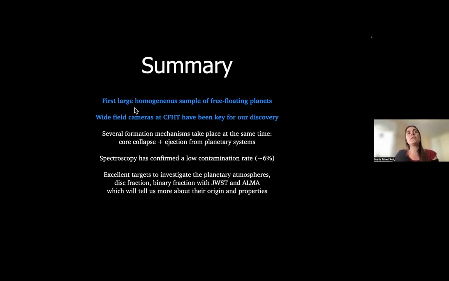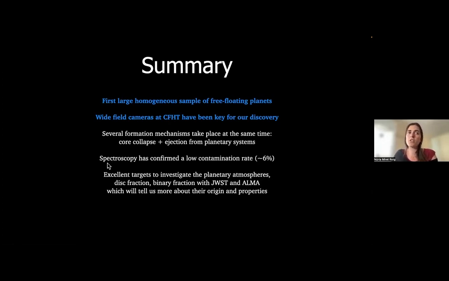And the fact that we now have this large homogeneous sample allows us to start to wonder about the origin of all these objects. And we believe that to explain their origin, we have to combine different mechanisms, and we propose that at least core collapse and ejection from planetary systems must have important contributions.